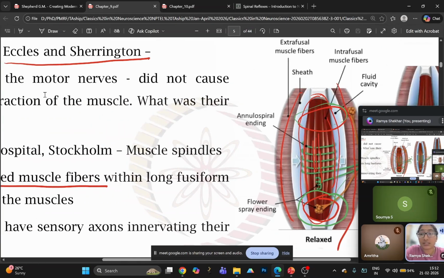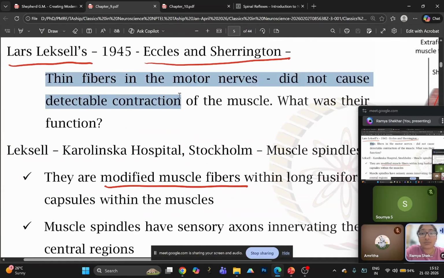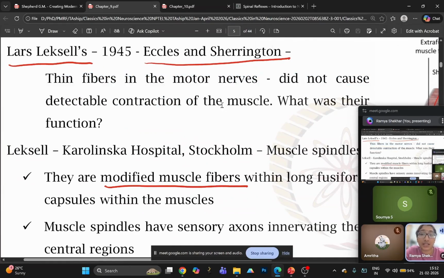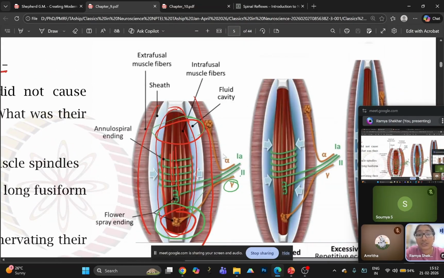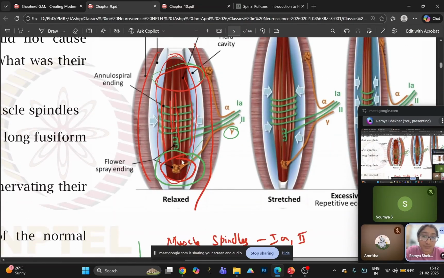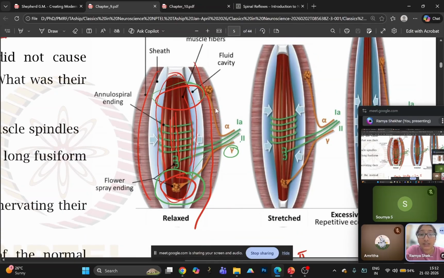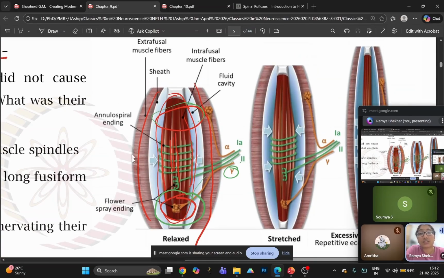The thin fibers in the motor nerves that were not causing any detectable contraction were actually these gamma motor neurons. These gamma motor neurons are the ones that synapse with the muscle spindles. The alpha motor neurons are the ones that synapse with the extrafusal muscle fibers, the ones responsible for muscle contraction. Whereas these gamma motor neurons are the thin fibers that synapse exclusively with the muscle spindles.